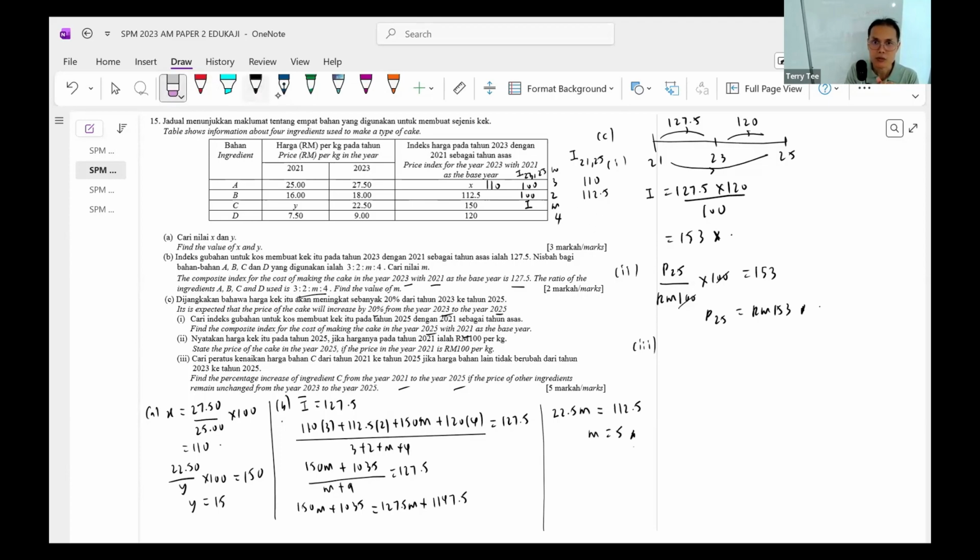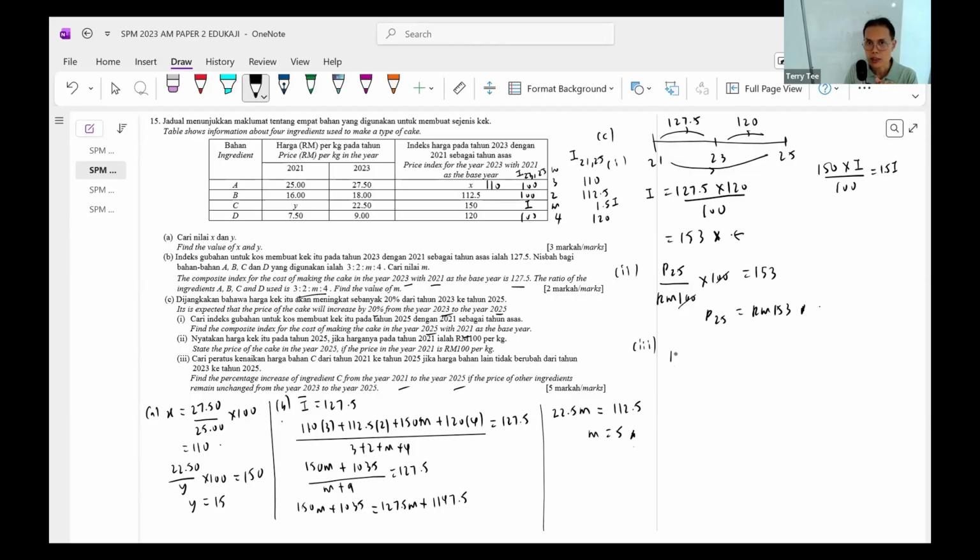It is 1.5 I. Okay, sorry, our space is a bit limited. This last one will be 120 times 100, because all the ingredients that have no change. So it's 120, and now the overall increase is 153.